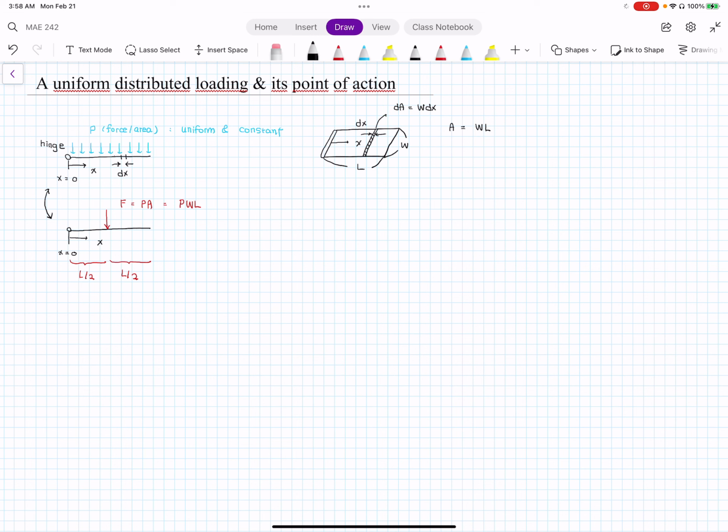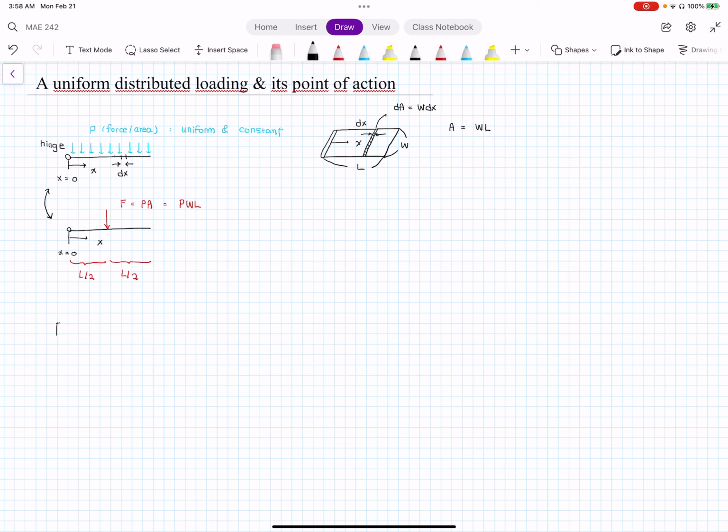What I'm trying to do here is to evaluate the moment due to the uniform distributed loading on this infinitesimally small element. I'm trying to argue that as far as the moment balance is concerned, these two systems on the left are equivalent. So how much force is applied to this dx element?